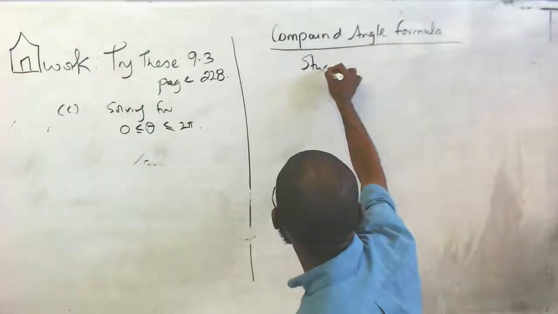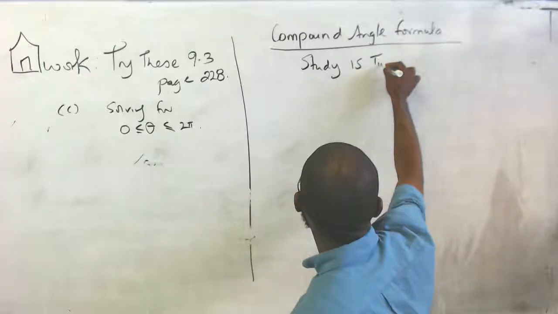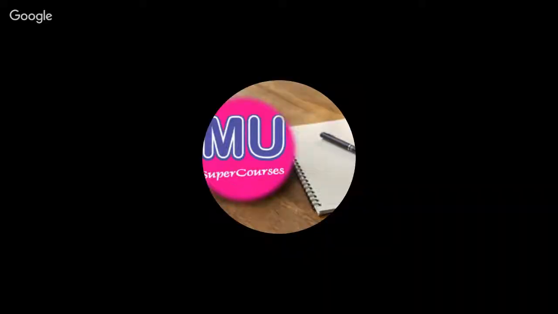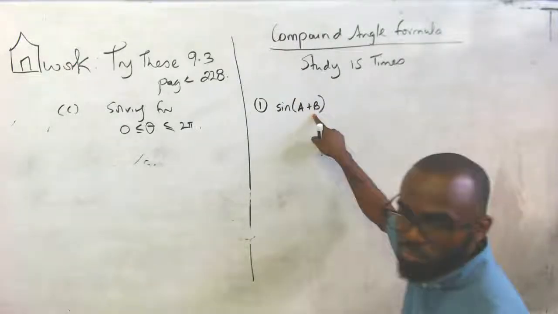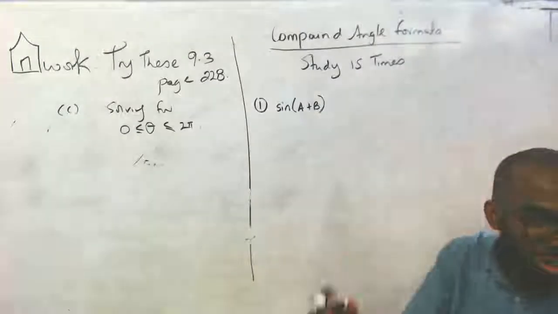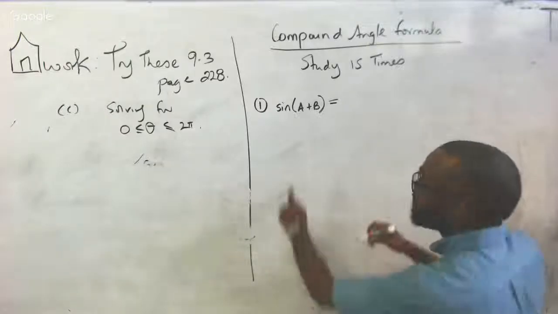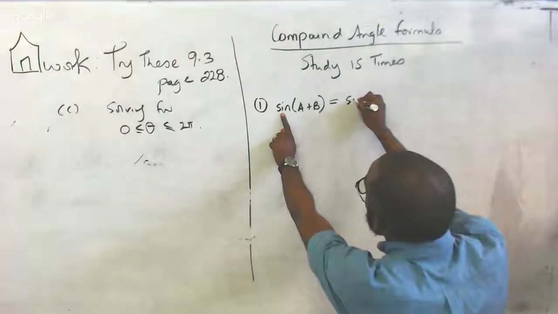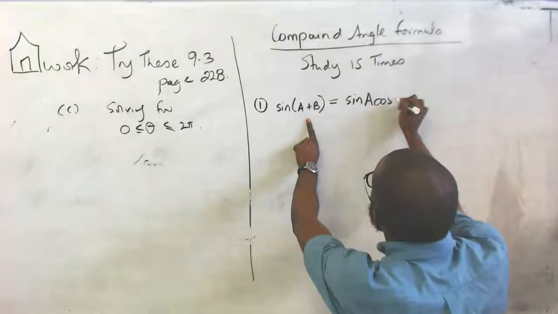Study 15 times. 1. Sine of A plus B, that's how we call it, compound angle. It's two angles that form one. Let's see how this is expanded. Start with sine: sine of the first thing, cosine of the second thing.